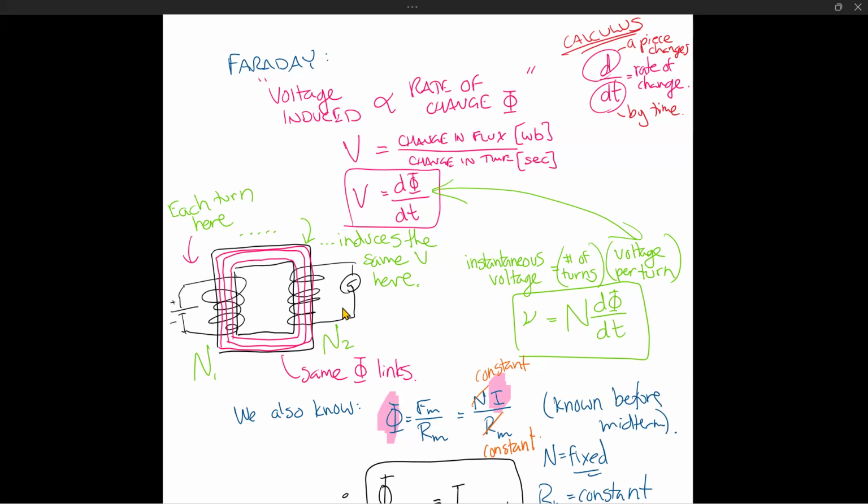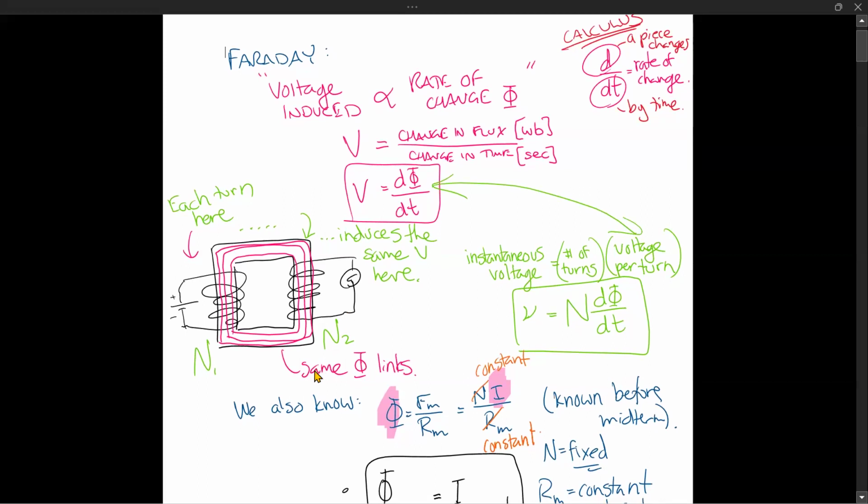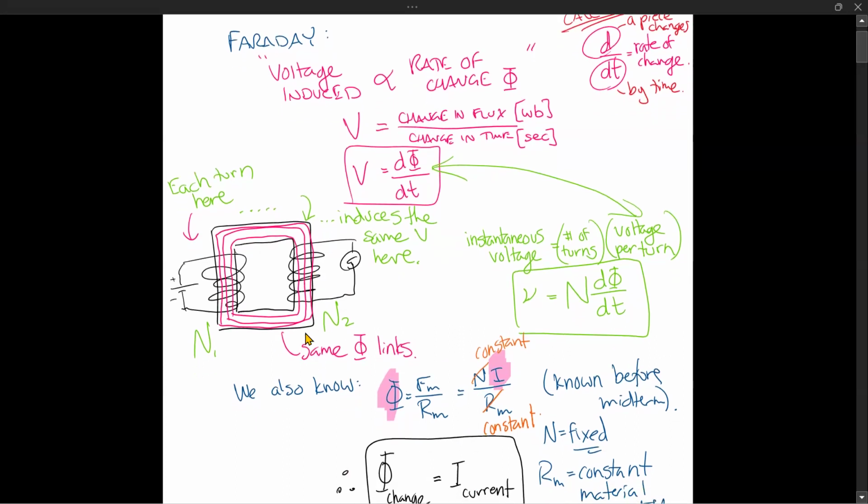N is different, so voltage is going to be different here, but it's the same magnetic flux that links them, because this had flux, which induced flux over here, and these pink lines here are the flux. So every single turn here, let's say there's 1, 2, 3, 4 turns over here, there's going to be the same amount of voltage per turn, because those lines of flux are cutting across each of those current carrying conductors.